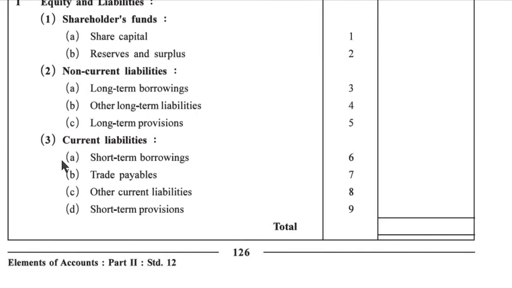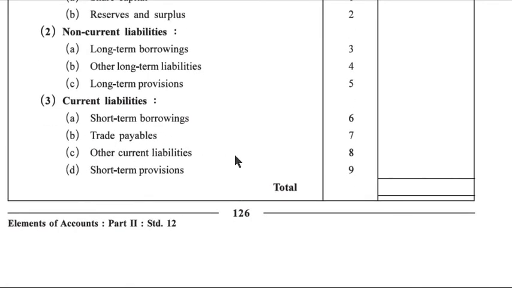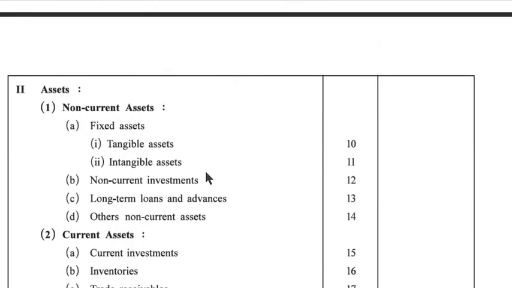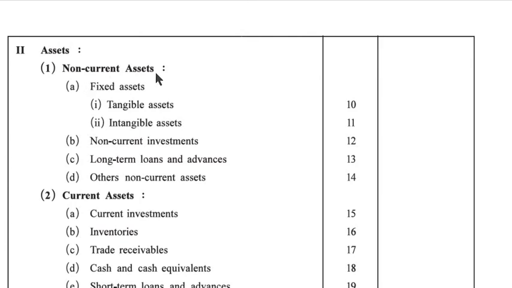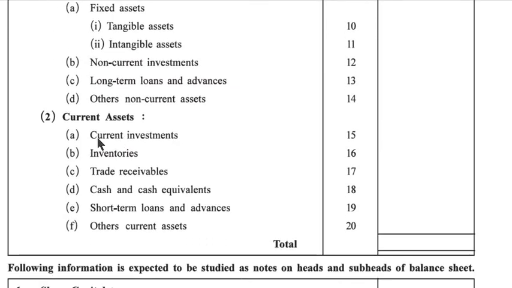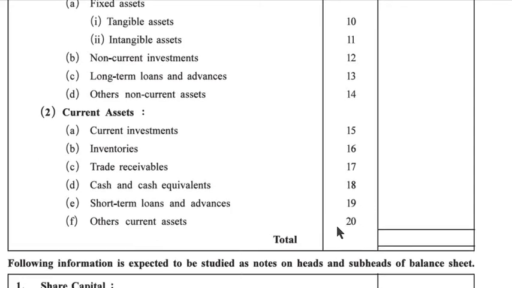Third, current liability: A. short-term borrowing, B. trade payable, C. other current liability, D. short-term provisions. Now assets. First, non-current asset: fixed asset, tangible assets, intangible asset; B. non-current items, long-term loans and advances, other non-current asset. Current asset: current investment, inventories, trade receivable, cash and cash equivalents, short-term loans and advances, other current assets.